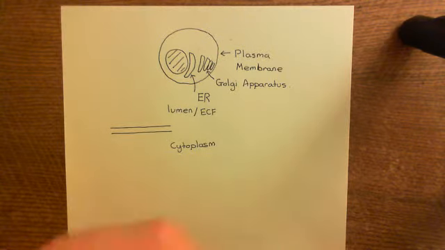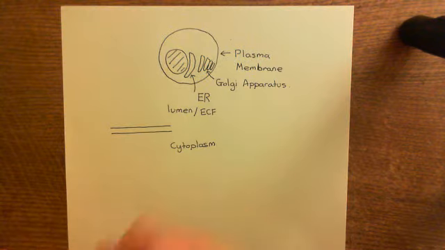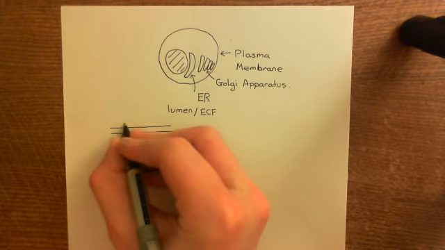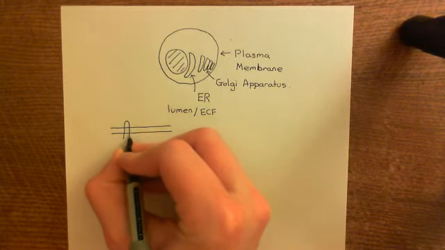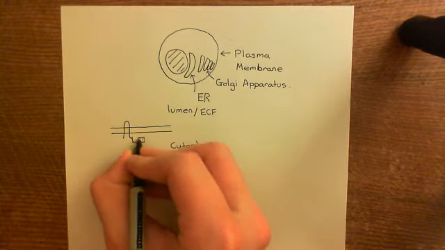Okay, right. So, depending on which membrane they are in will depend on whether this side represents the lumen or the extracellular fluid. Now, the DHHC motif, which is within the cysteine-rich domain, will always be facing the cytoplasmic side of the membrane, whether we're talking about the endoplasmic reticulum membrane, the Golgi apparatus membrane, or the plasma membrane. Most of these DHHC family of enzymes have a structure that looks something like this.